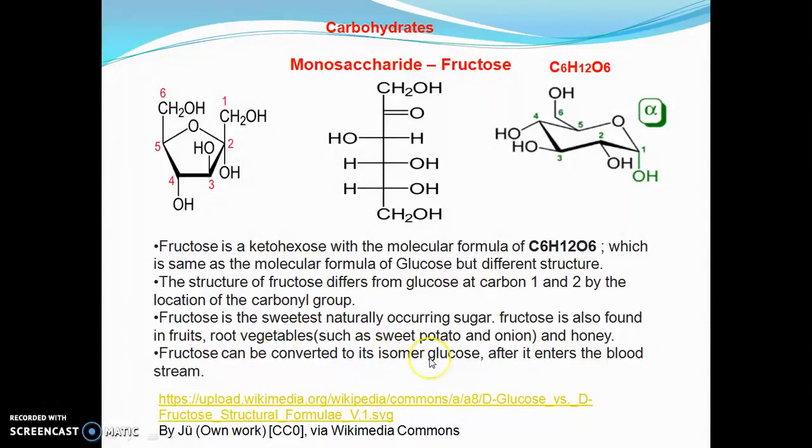Fructose can be converted into its isomer glucose after it enters the blood stream. So these are the three forms of fructose. This is the open chain. This is the cyclic. This cyclic form can be drawn in this form, which is known as the chair form.